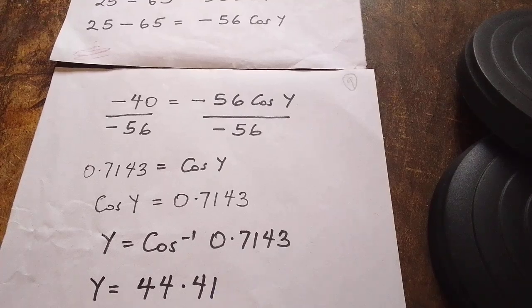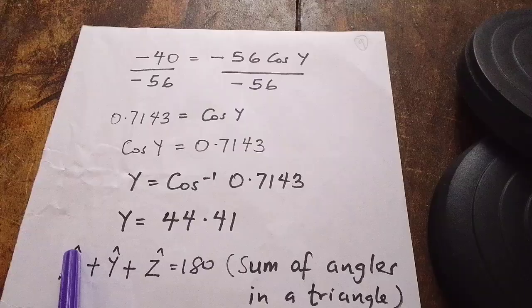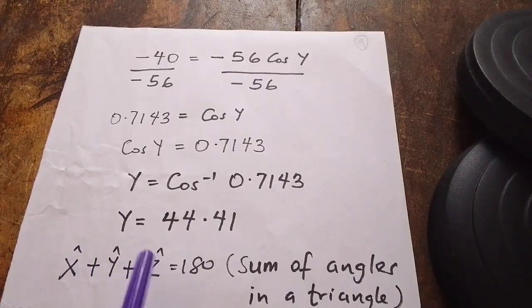For the third angle, since we have been able to get two of the angles, we can use the formula for the sum of angles in a triangle. So angle x plus angle y plus angle z should be equal to 180.